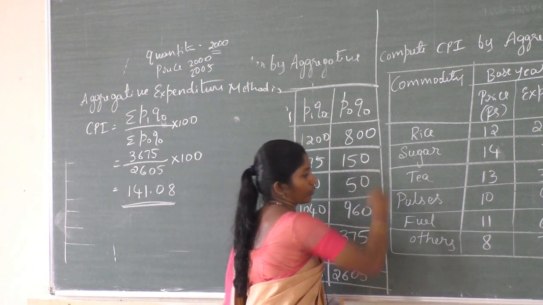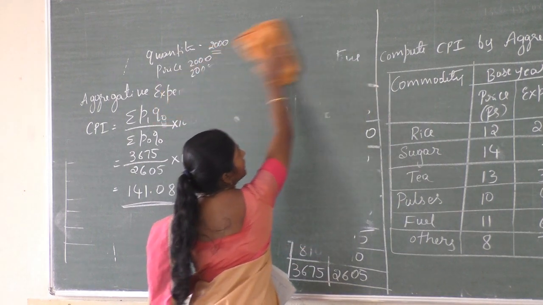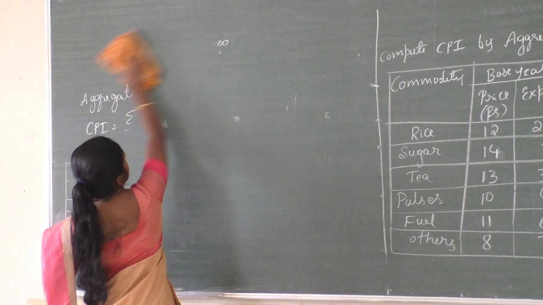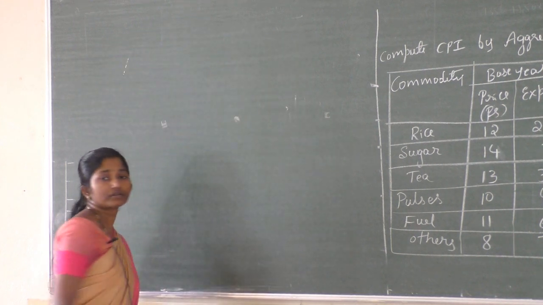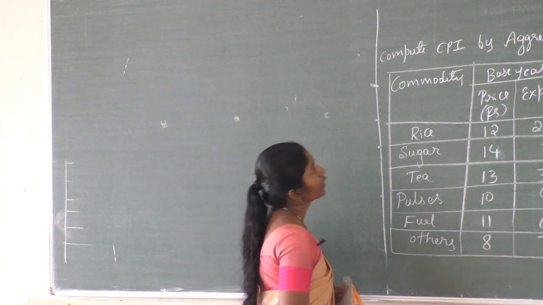Next, another problem: compute CPI by the aggregative method. Here also they are given directly. Which method? That is the first method in the CPI, the aggregative expenditure method. Here the commodity is given, base year price and expenditure are given, and the current year is given. Expenditure we can take as W also, but here in the question it is the aggregative expenditure method.